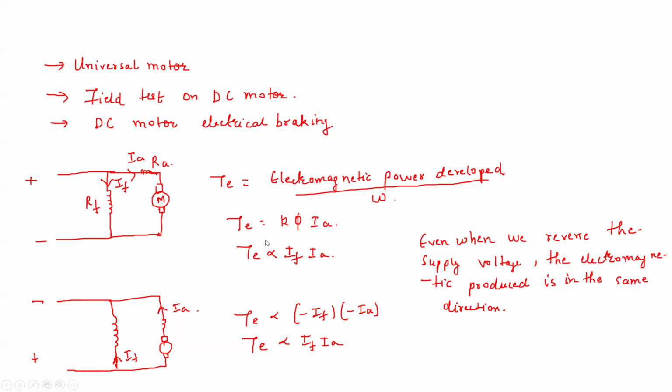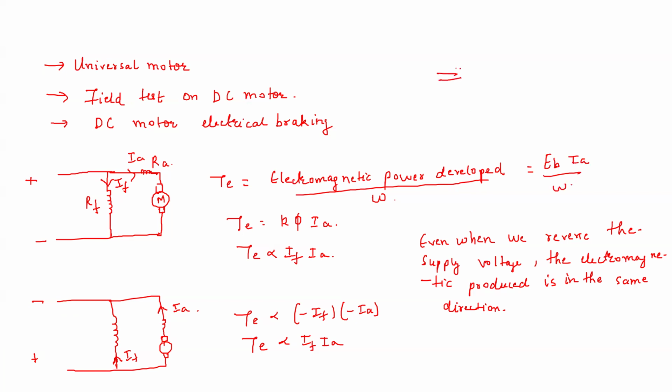So here, as I was saying, in a shunt motor, I have drawn a shunt motor here. It has a field winding and an armature winding, and this is the motor. So we know what the electromagnetic torque is. Electromagnetic torque developed is electromagnetic power developed by omega, and we know that the electromagnetic power developed is EB into IA by omega.